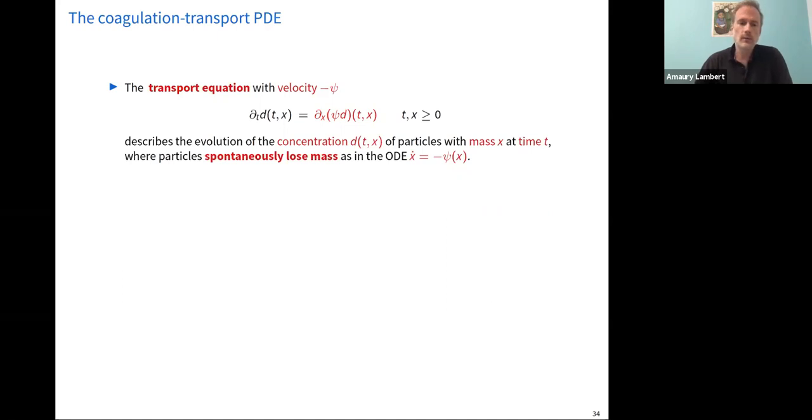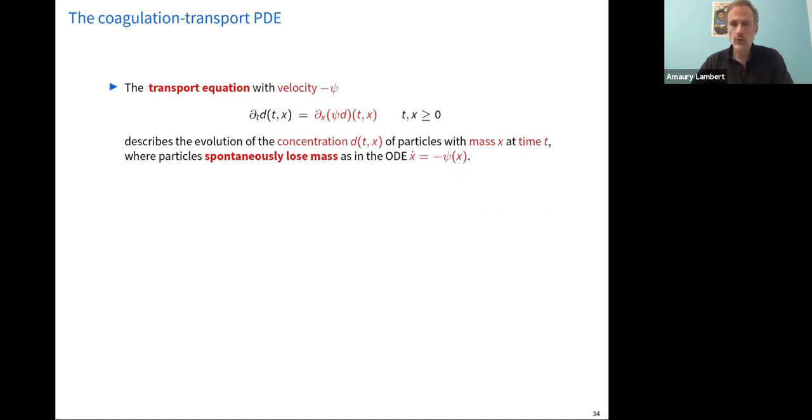So this equation describes the evolution of this unknown d of t and x, which is the concentration of particles with mass x at time t, where the mass of each particle spontaneously decreases as the solution to x dot equals minus psi of x.